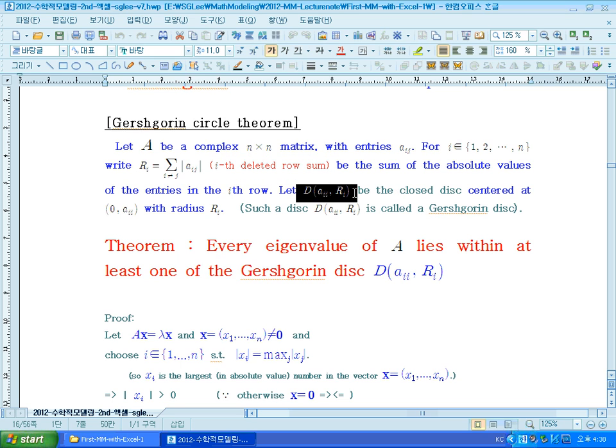Then let D(a_ii, R_i) be a closed disk centered at a_ii with radius R_i.